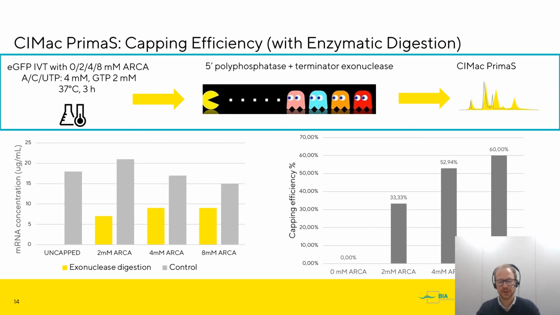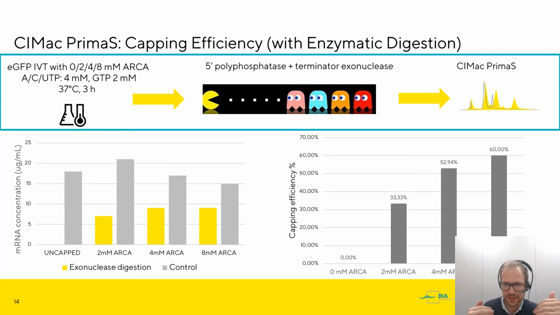We can use PrimaS for other purposes which rely on quantification of mRNA. For example, we can combine chromatography with the enzymatic digest. In this case, we combine it with exonuclease, which is selective for 5' uncapped mRNA. So if we apply exonuclease treatment prior to PrimaS chromatography, we digest all of the uncapped mRNA molecules and leave behind only capped variants.